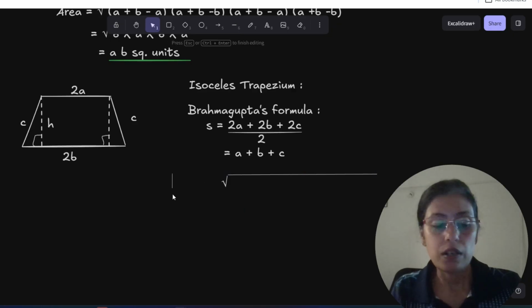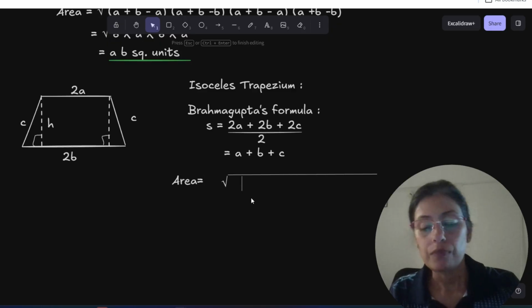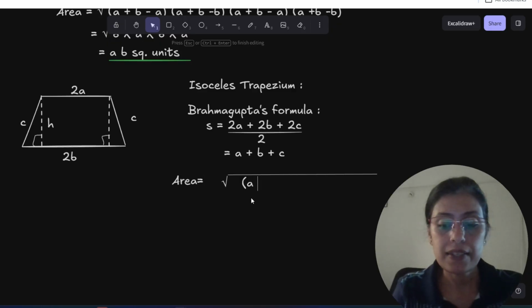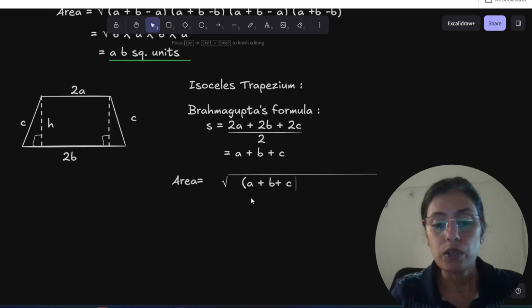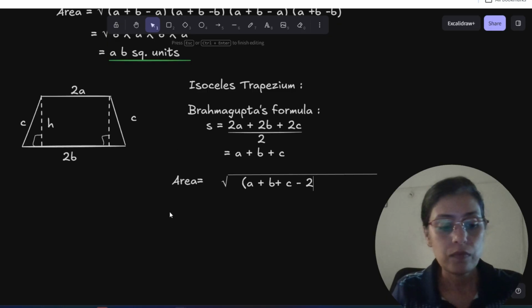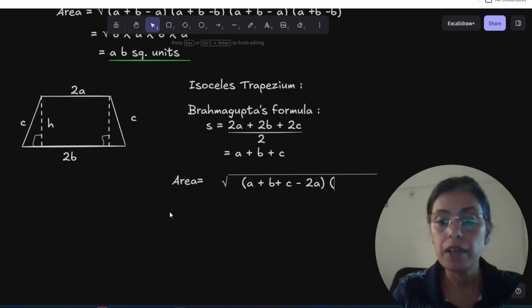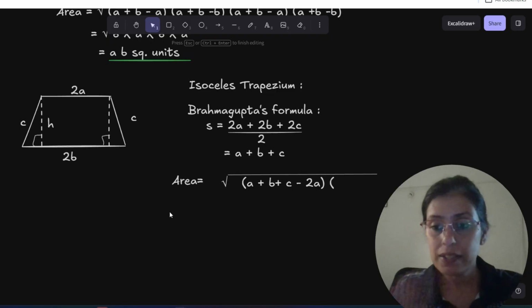Right? So here our area will be the square root of, now here S is A plus B plus C. So we do S minus A. Let's take the first side, this is 2A. Now let's do S minus B. It's the second side, 2B.